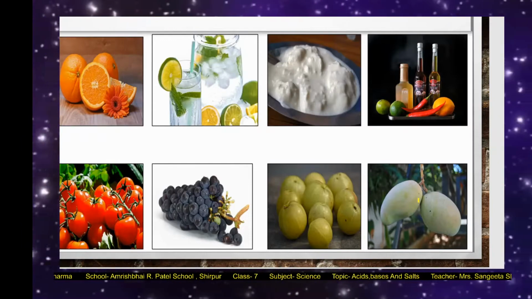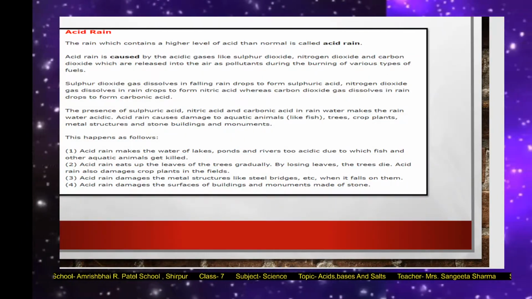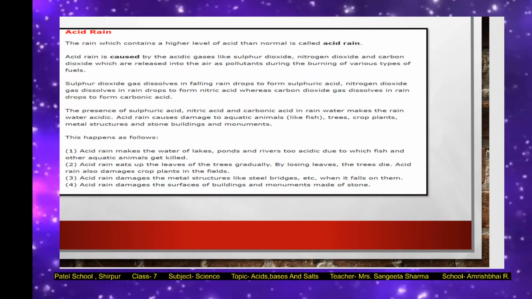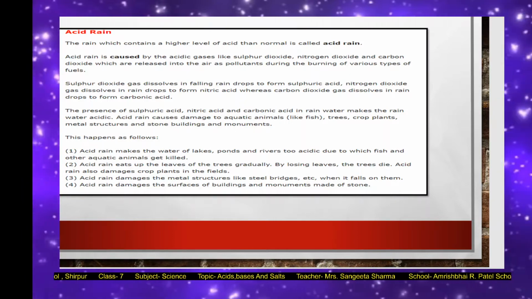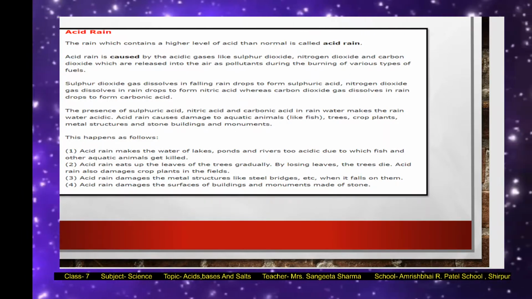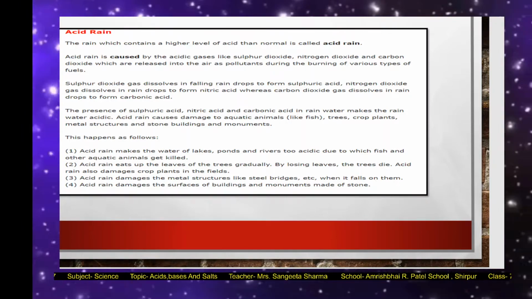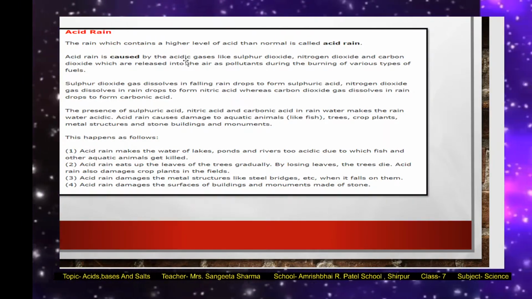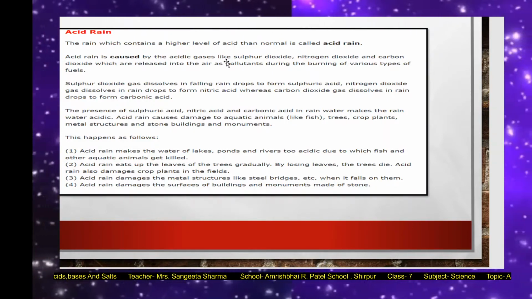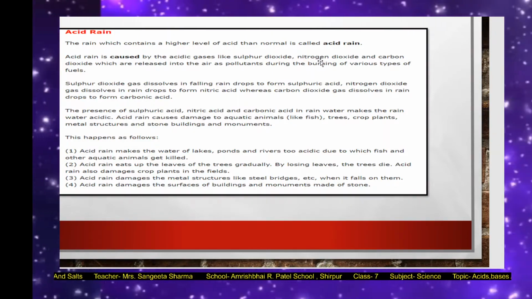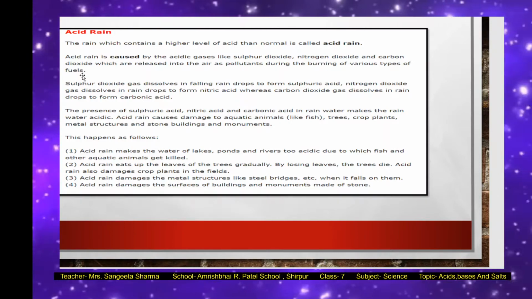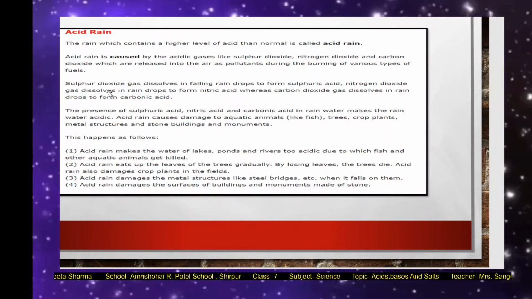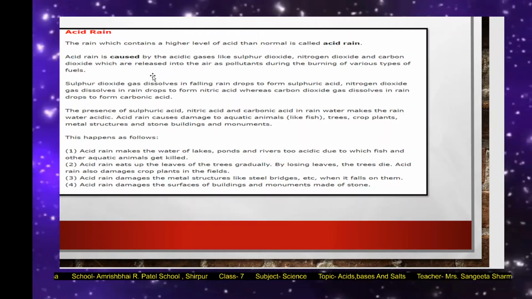Next we will see what acid rain is. We have already discussed it, but let's quickly revise this topic. The rain which contains a higher level of acids than normal is called acid rain. Acid rain is caused by acidic gases like sulfur dioxide, nitrogen dioxide, and carbon dioxide, which are released into the air as pollutants during the burning of various types of fuels.